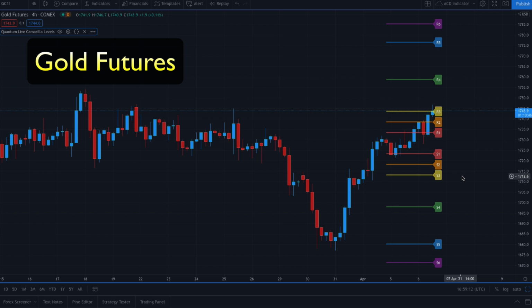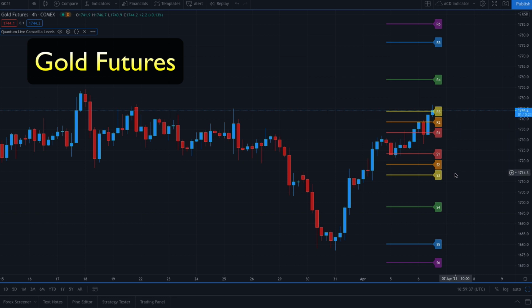Clearly from an R3 level, we would expect it to go down to a target level, which is our S3. And the inverse of that, if we get price action testing the S3 level and it doesn't break through and we're looking for a potential reversal, then the target is back up to the R3.